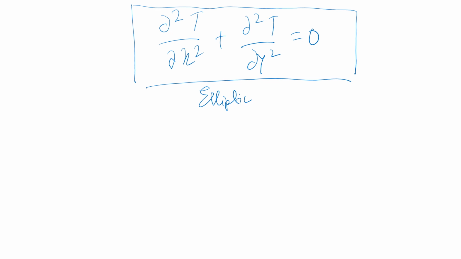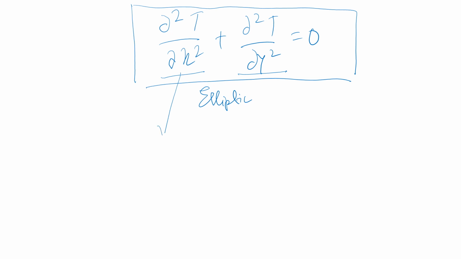And for elliptic equation, what we do is we use the central difference method to discretize the double derivative terms. So this is the first double derivative and this is the second double derivative.